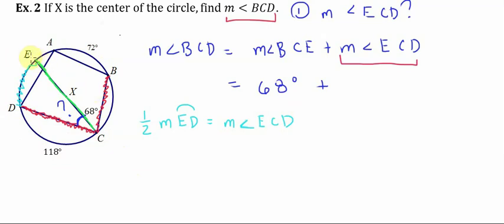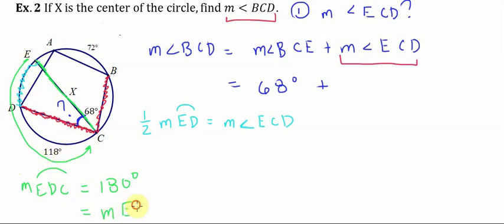So if I look at the arc that is corresponding to EC, which in this case would be arc EDC, I know that arc EDC is a semicircle, so that means the measurement of this arc has to be 180 degrees. So looking at just this half of the circle, I can see that the measurement of arc EDC is actually made up of measurement of arc ED and the measurement of arc DC.